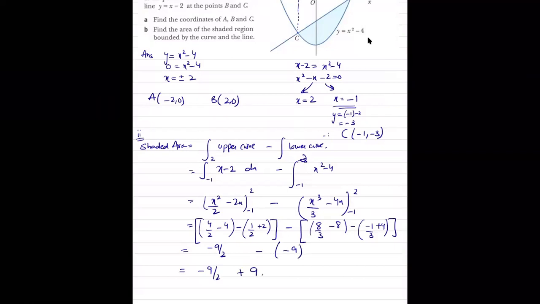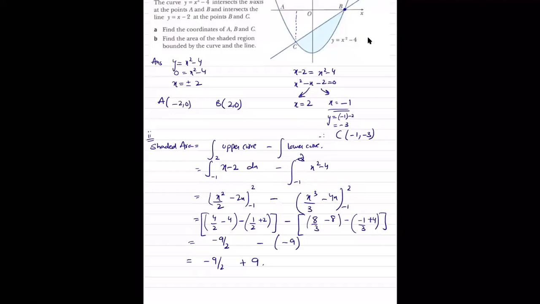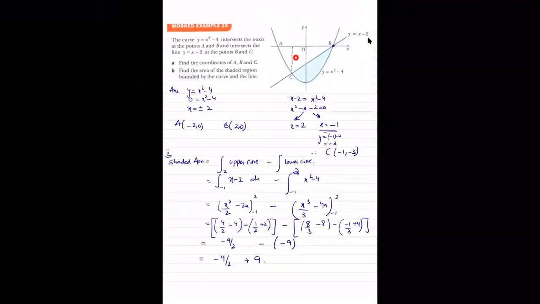Now you should have asked me, sir, why aren't we taking it to be positive 9 upon 2? Well, that is because both of the areas are below the x-axis. So we are just going to take this minus 9 upon 2 and minus 9 upon 2 plus 9. We are not going to change the sign over here.